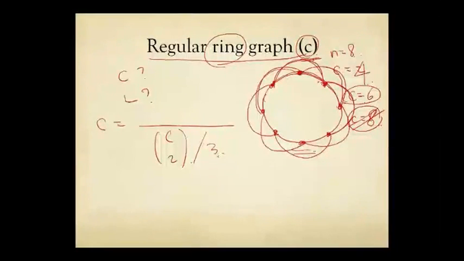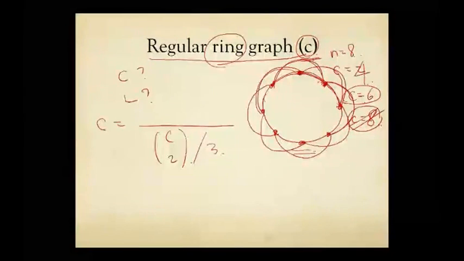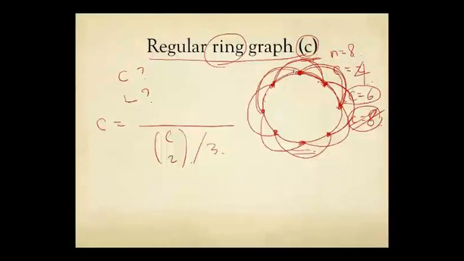Now, what about the number of triangles centered around a given node? Let's think about that. Well, first, to form a triangle, you need to go out 1 step, then you need to go out another step, then you have to come back. Otherwise, you don't close it. You don't have a triangle. So you have to go 2 steps out and then be able to come back in one shot.